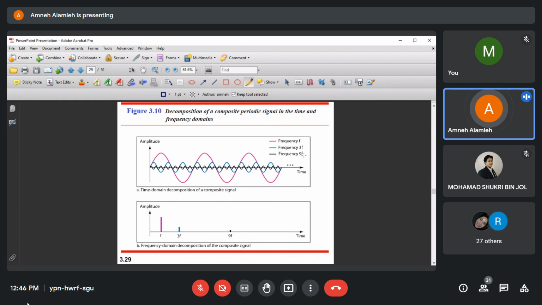And the frequency 9F is the black wave in the signal.